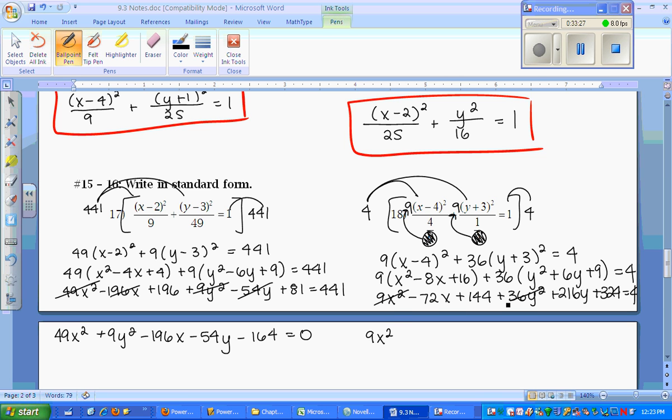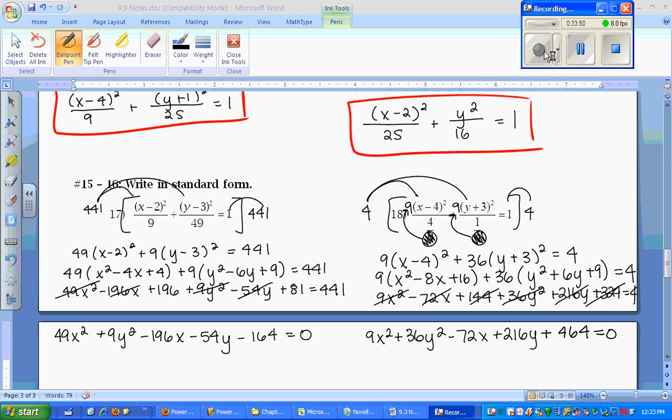And then reorder everything. So 9x squared plus 36y squared minus 72x plus 216y, 144 plus 324, and subtract 4. I believe is 464. It is.